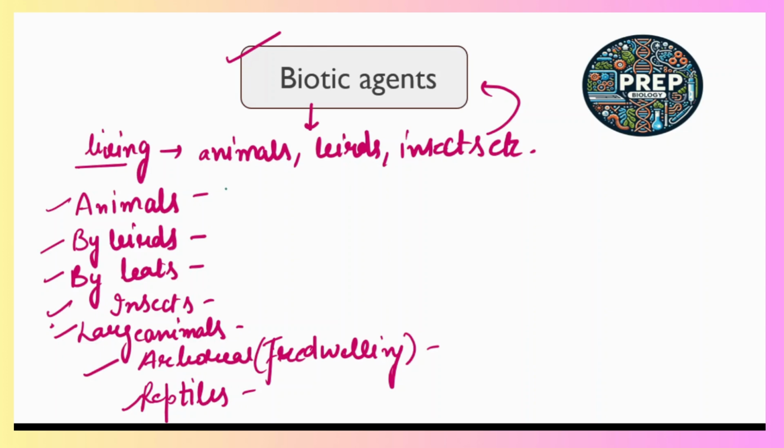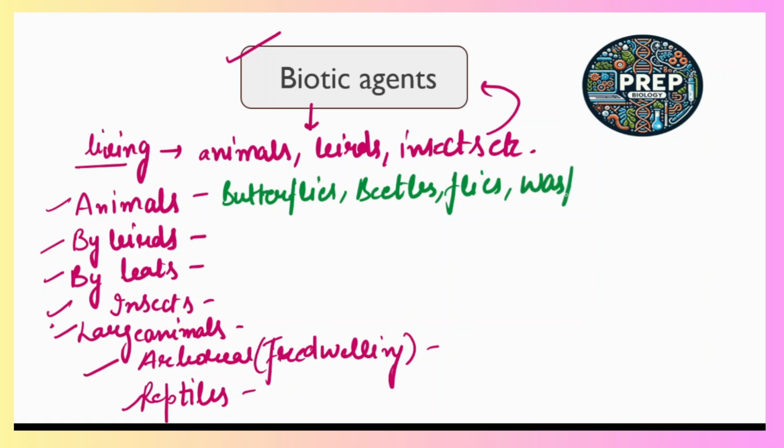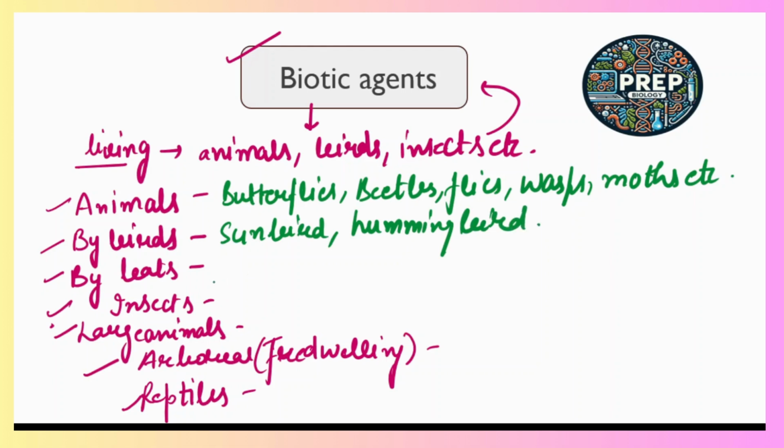If we see the animals, we have the butterflies, beetles, flies, wasps, moths, etc. By birds, if the pollination occurs with the help of birds, we have like sunbird, hummingbird, etc. With the help of bats, with the help of insects, mostly by bees.